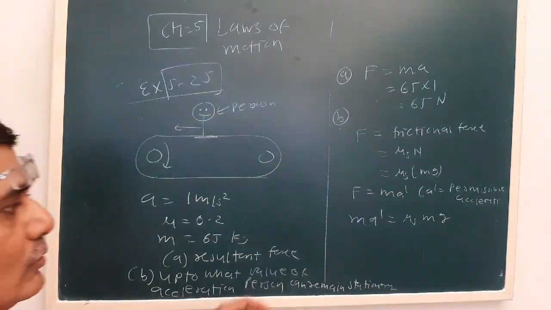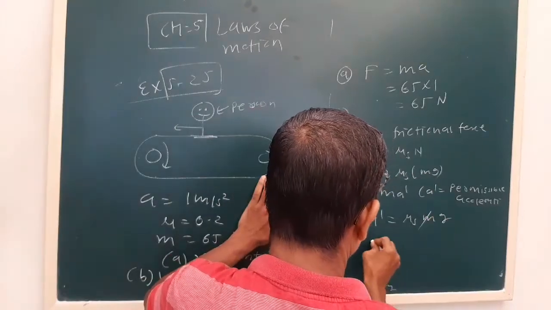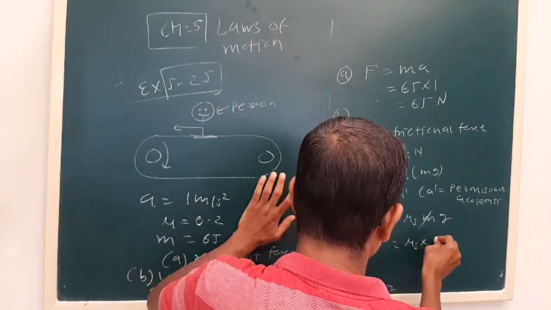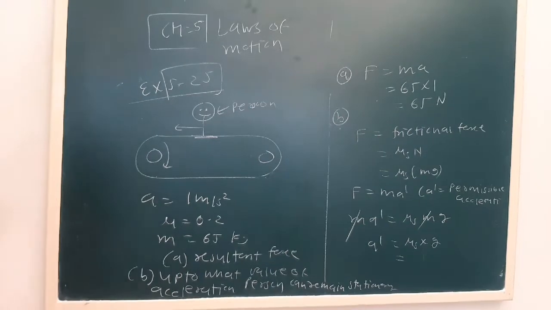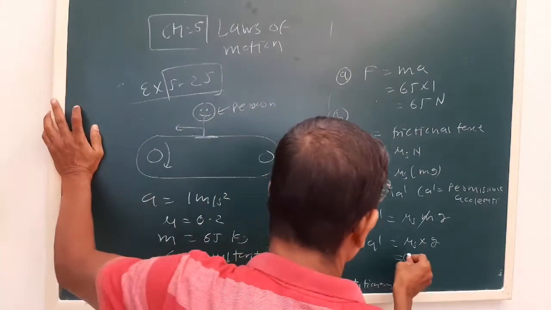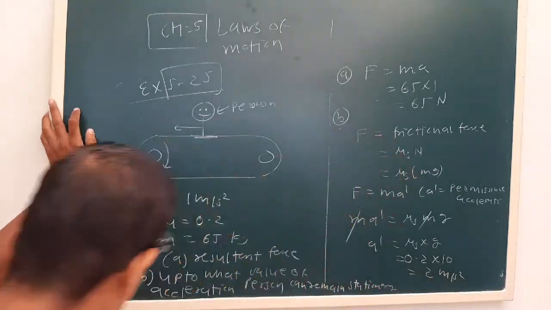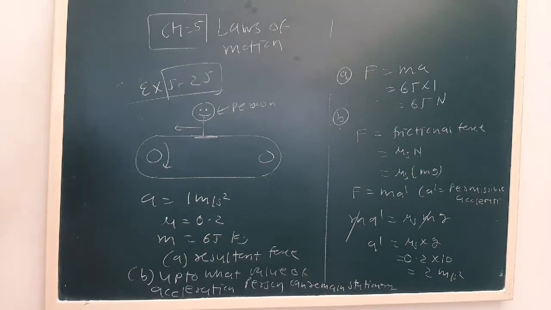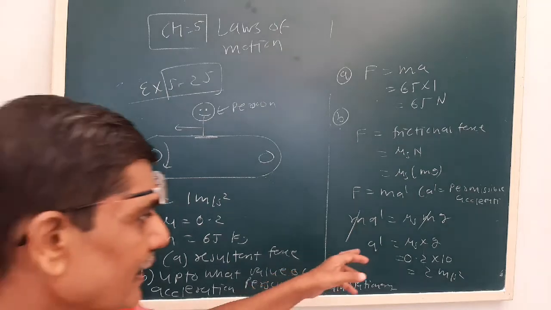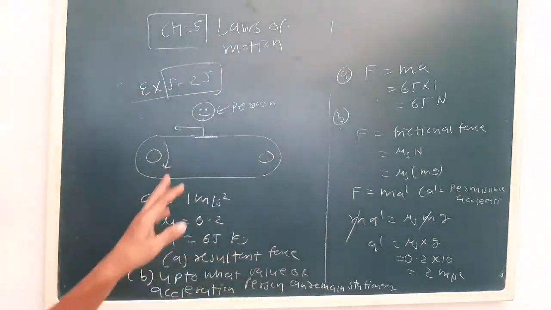Now a dash is equal to mu s into g. Now mu s is 0.2, g is, let us say, 10, then it is 2 meter per second square. So this is the maximum permissible acceleration up to which the person will remain stationary.